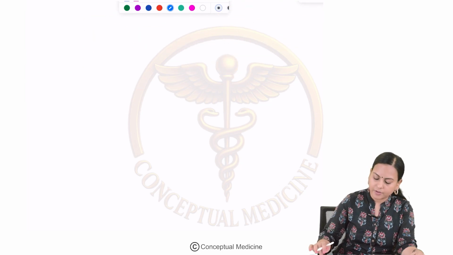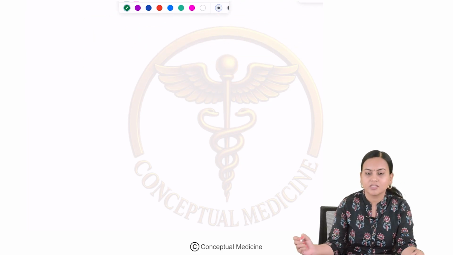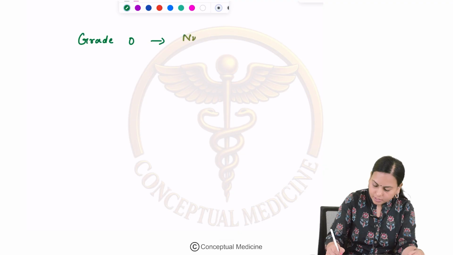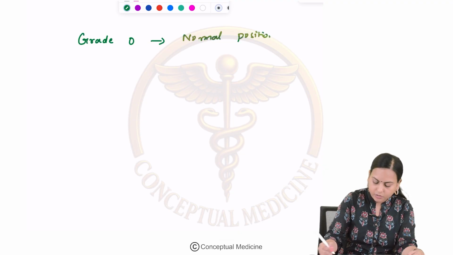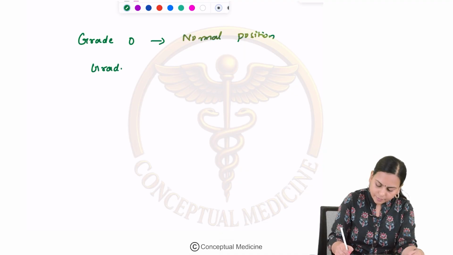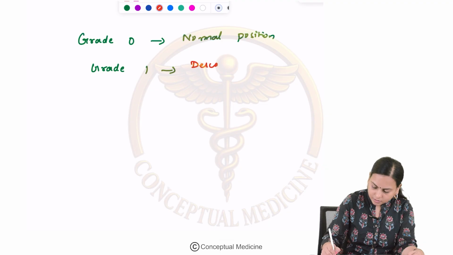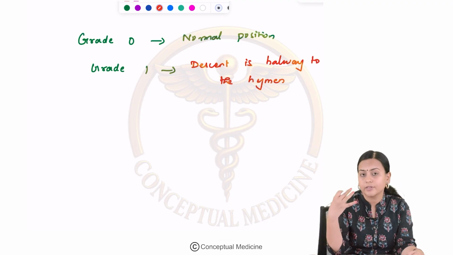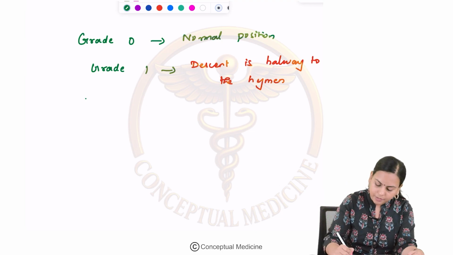So, we have 5 grades here. Let us discuss all the 5 grades first. So, grade 0 is where there is normal position. Okay. Grade 1 means the descent is halfway to the hymen. Okay, the structures are going to descend halfway to the hymen.